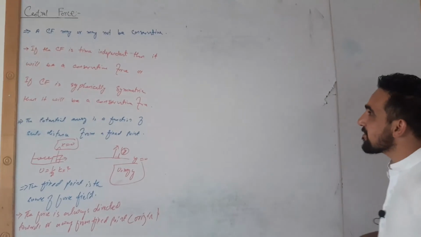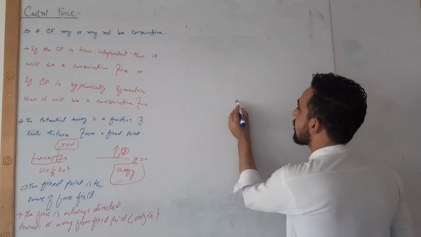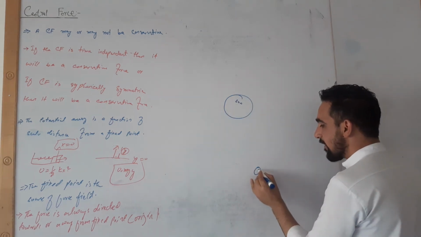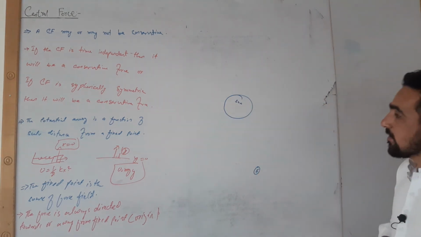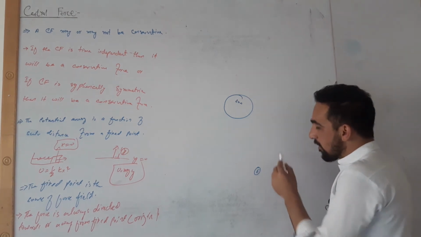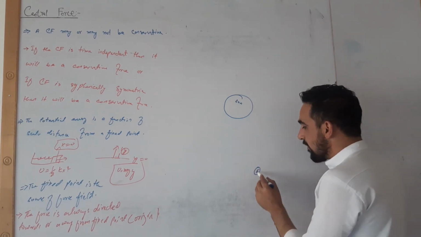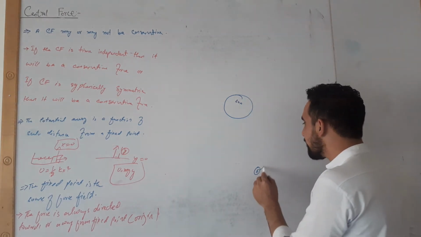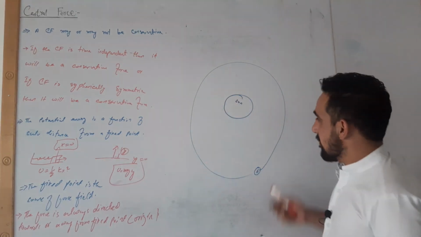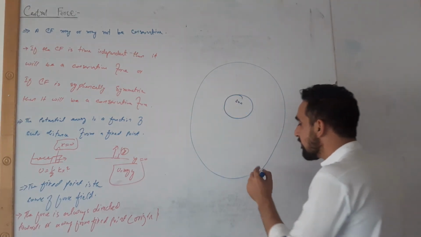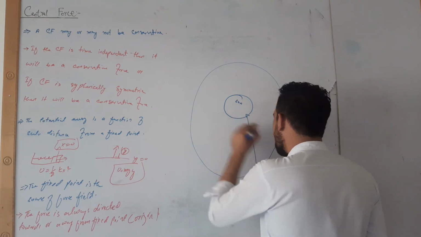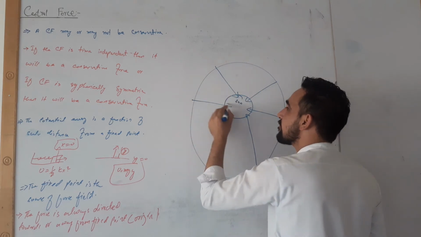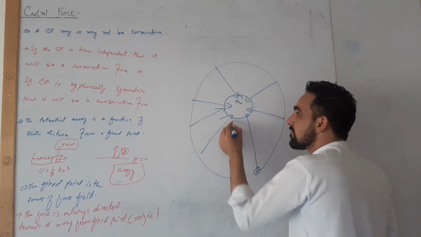Let us take an interesting example. Let's say this is the sun and this is the earth. So the earth is revolving around the sun. Even though the path is elliptical, let us consider it to be circular, but still the force acting on the earth from any point is always directed towards the sun.